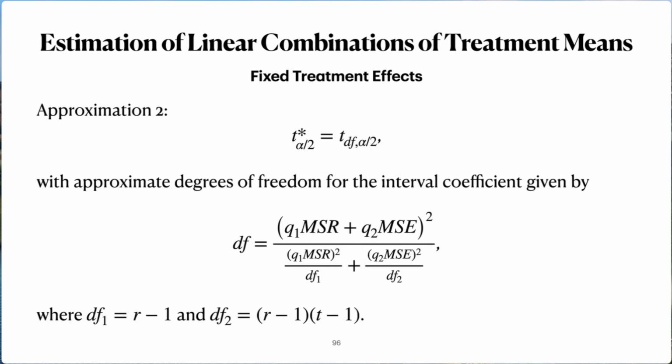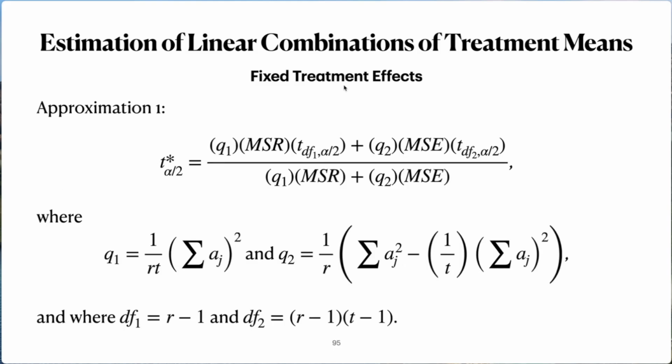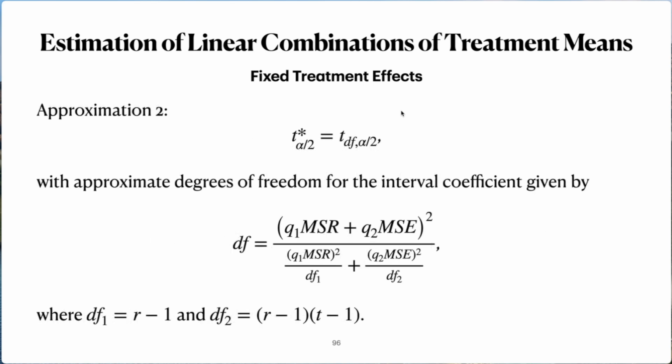Now, the second approximation method sets our approximate interval coefficient, our t star, equal to a value from the t-distribution, the upper alpha over 2 percentage point of the t-distribution with a certain number of degrees of freedom. In this approximation method, let me go back one slide, instead of approximating the t-value itself by taking a weighted average of two t-values, we're going to approximate the true degrees of freedom associated with the true interval coefficient.